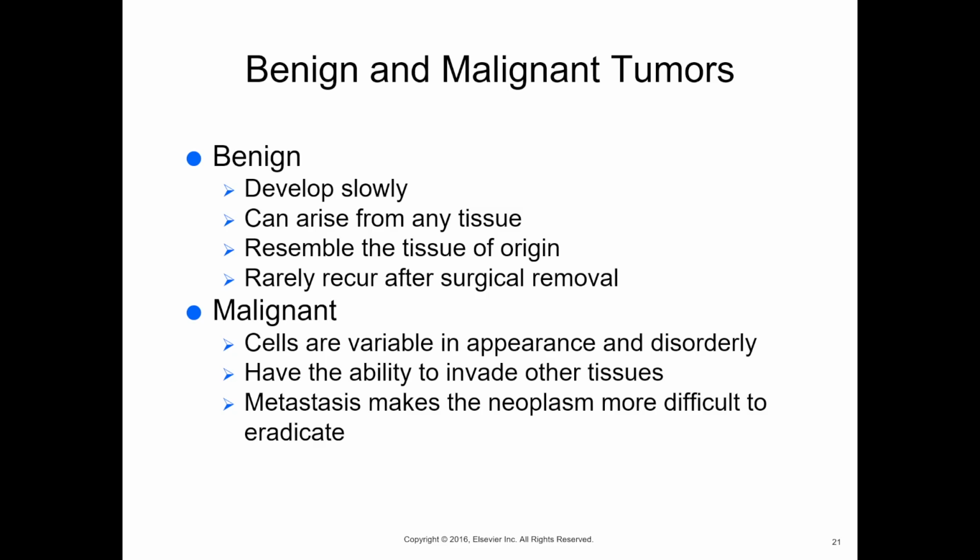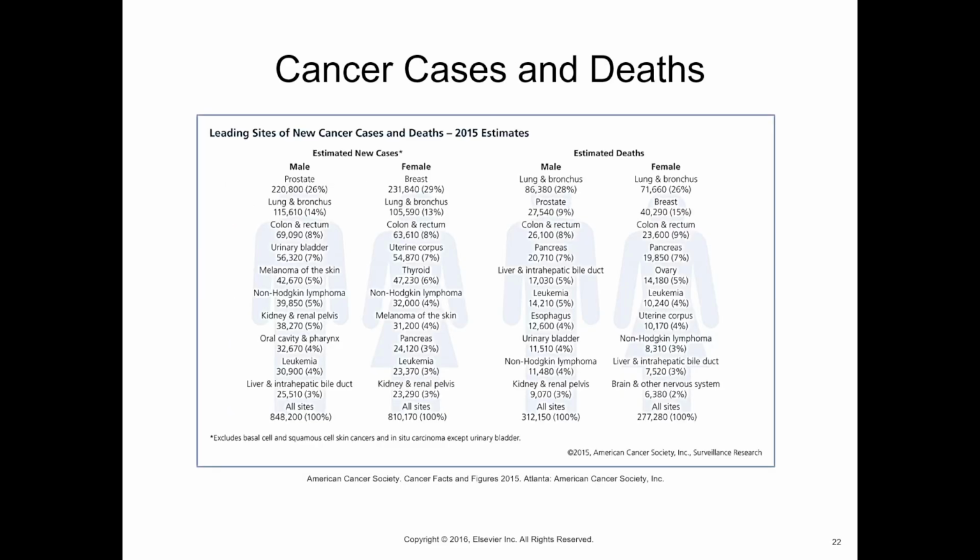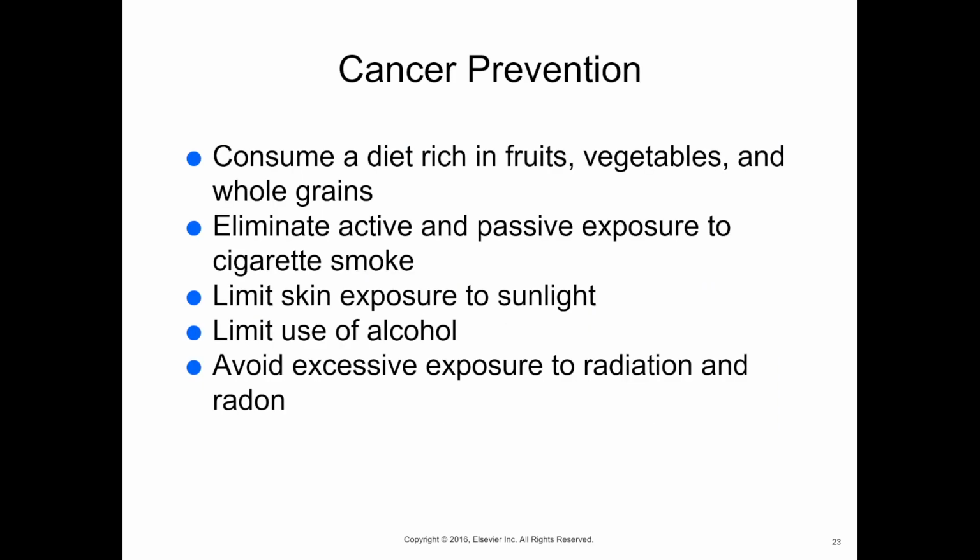Absolutely not. Malignancy, on the other hand, is when cells essentially divide much quicker and they develop neoplasms that can metastasize, meaning they can spread to other locations of the body. And that is incredibly, incredibly dangerous. Here's just a quick rundown of cancer cases, types.